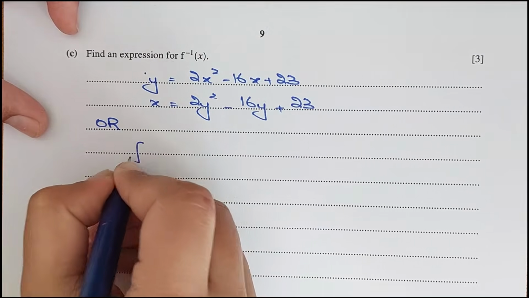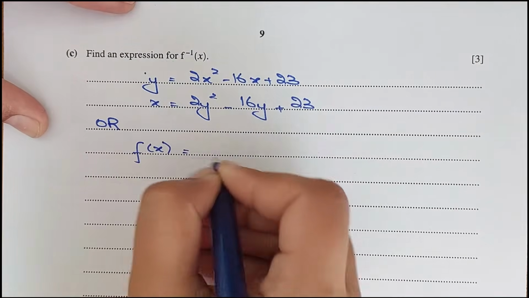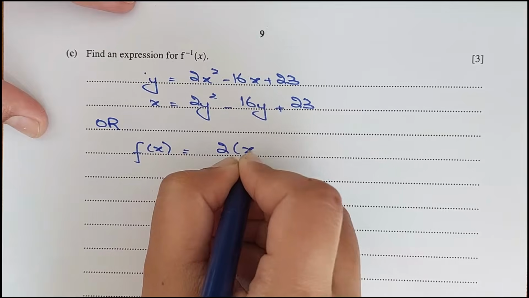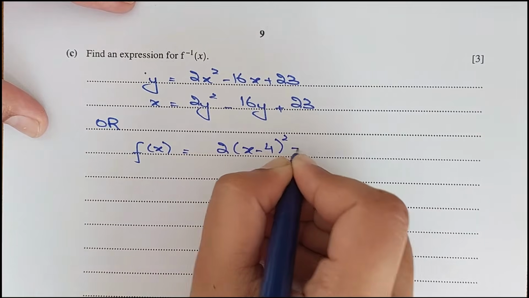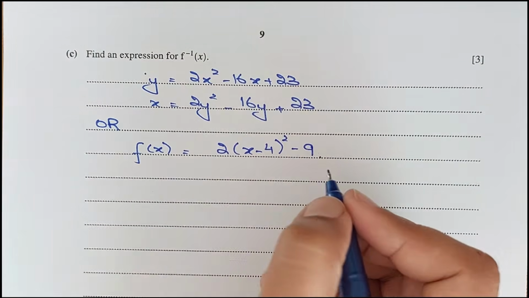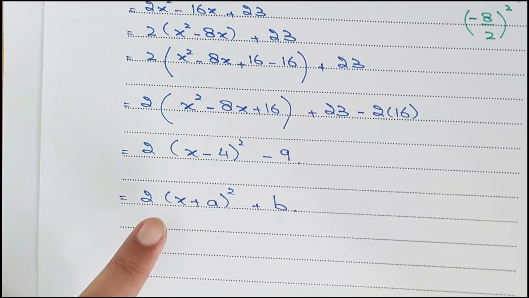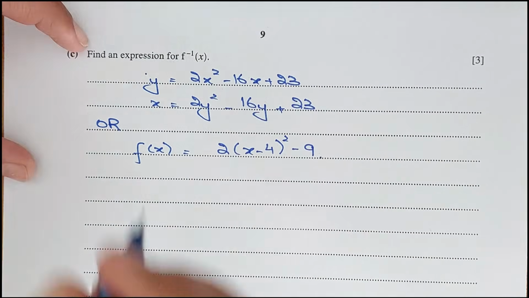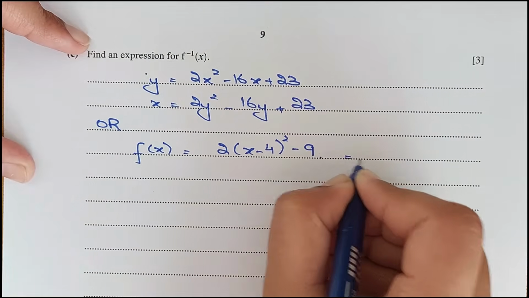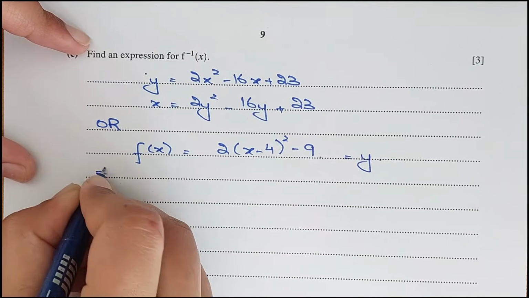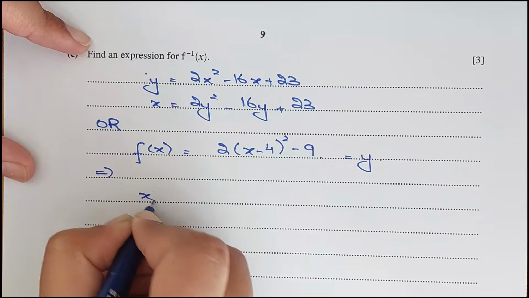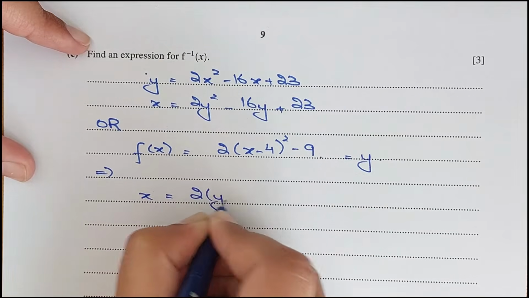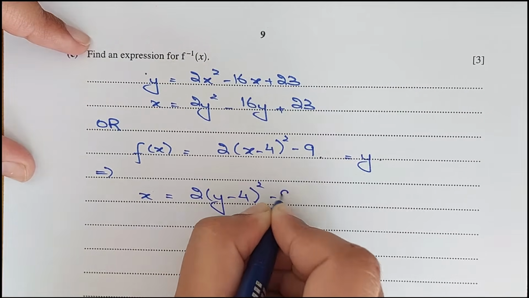We know that f of x is also equal to 2 times (x minus 4) whole square minus 9, from part A. We have already converted this into this form, right? Then we can say this is your y. Now we can switch the variables. We can say x would be equal to 2 times (y minus 4) whole square minus 9.